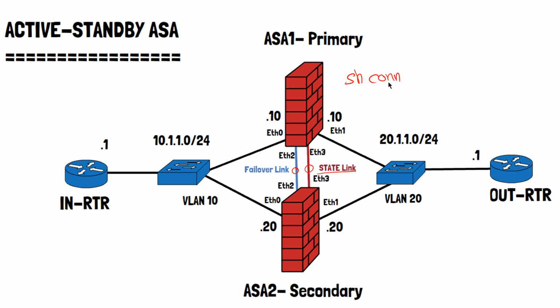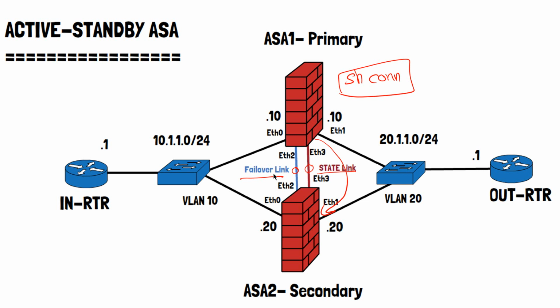You have all these TCP and UDP connections going through the firewall that the firewall is maintaining the state for. That state is replicated to the other firewall over the state link. It doesn't happen through the failover link, okay? They don't exchange state on the failover link. They must have a state link for that to happen.